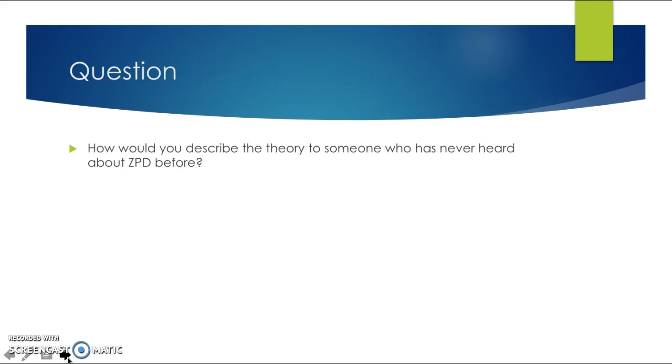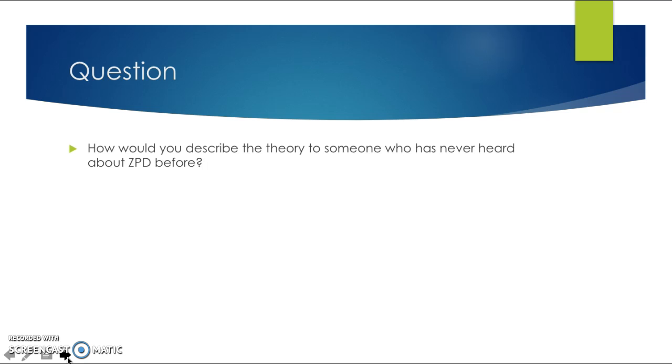So, question: how would you describe the theory to someone who has never heard about ZPD before? And ZPD, remember, is zone of proximal development. So at this time, I would call in someone to talk about it, and if they had an answer, I'd probably talk to a few different students so we can see all the different ways that it can be put.